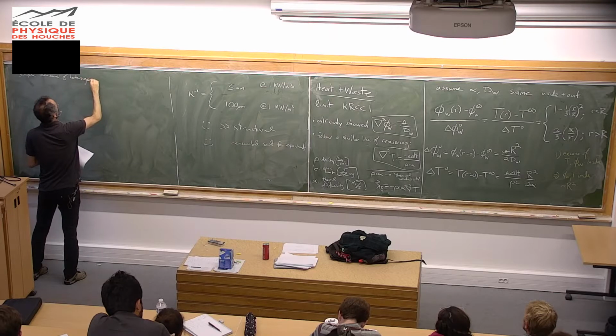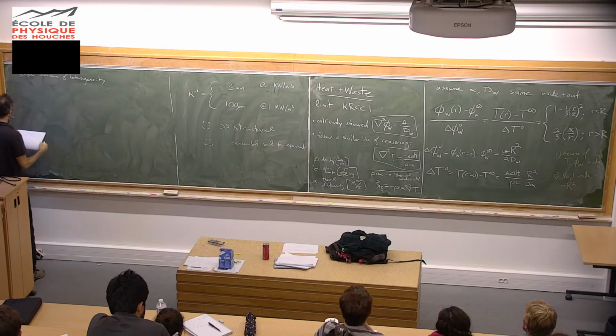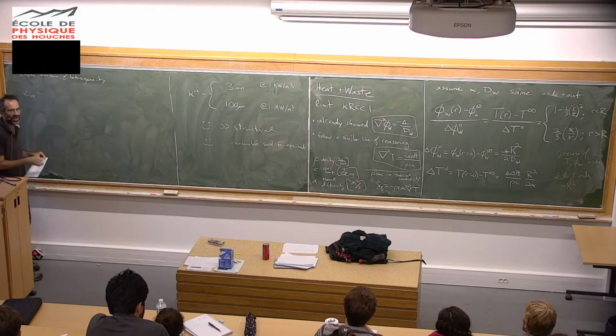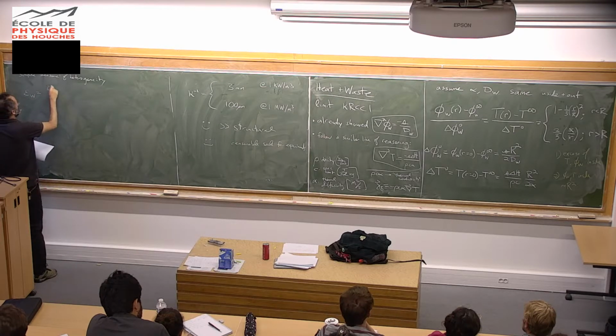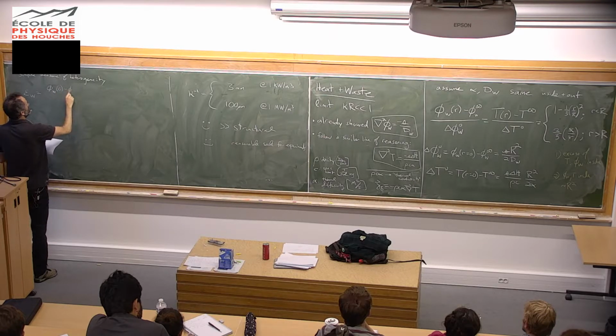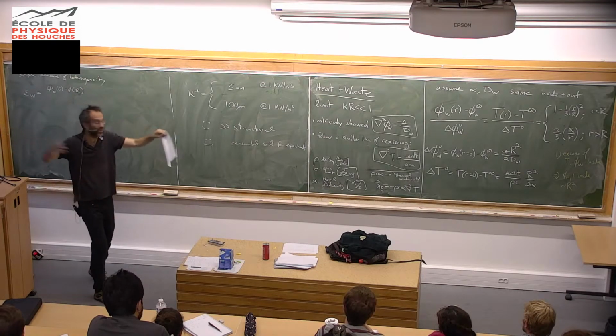This thing has no deep physical significance. It's just a number that I can use to see how homogeneous the system is. So I'll call it epsilon W, which is my measure of how heterogeneous the concentration of waste is inside of my sample. And I'm just going to compare the waste concentration in the middle of the drop to the waste concentration at the edge of the drop, right? Because I want to see how much it changes over the droplet.